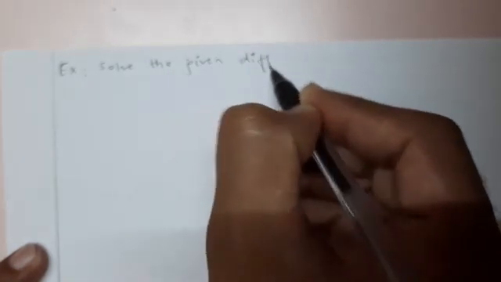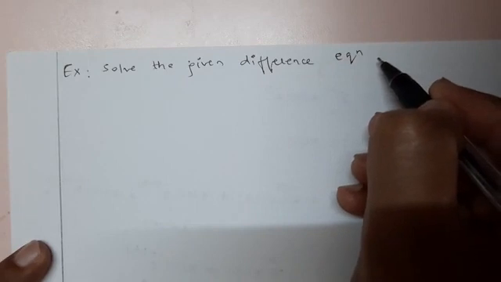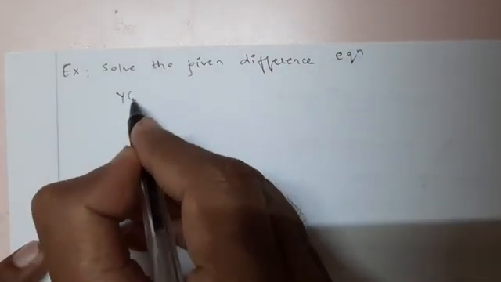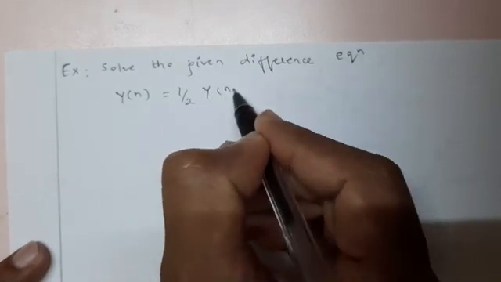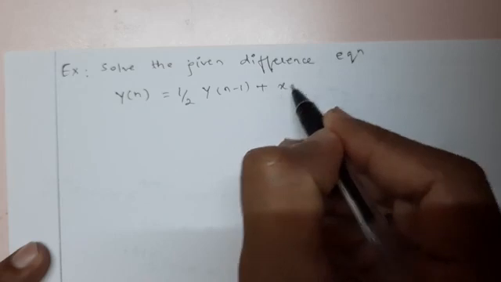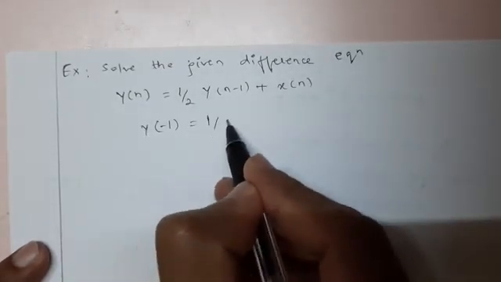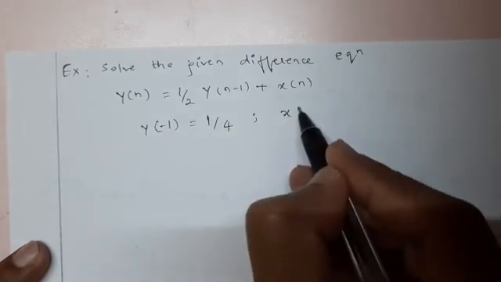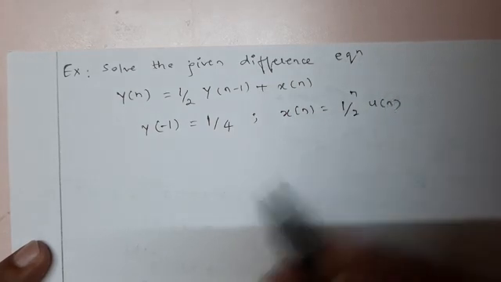The example is: solve the given difference equation y of n is equal to half y of n minus 1 plus x of n. Initial conditions are y of minus 1 is equal to 1 by 4 and x of n is equal to 1 by 2 to the power n u of n.